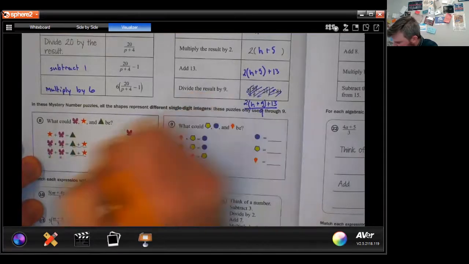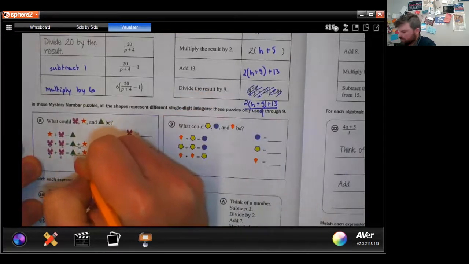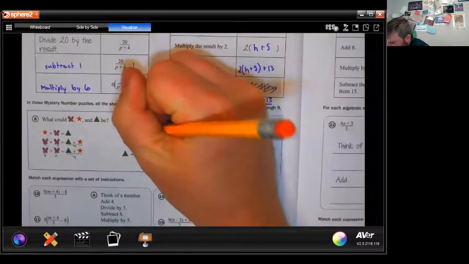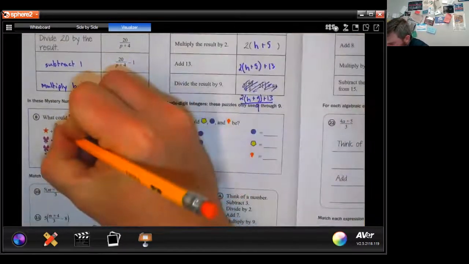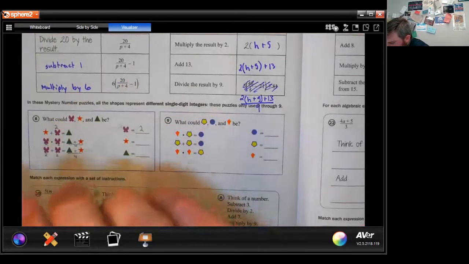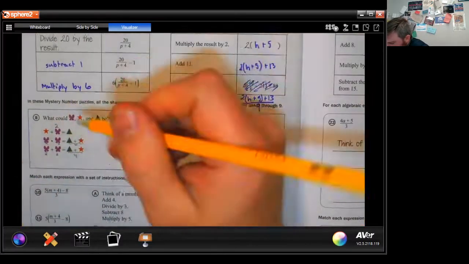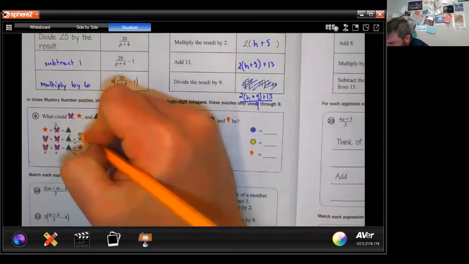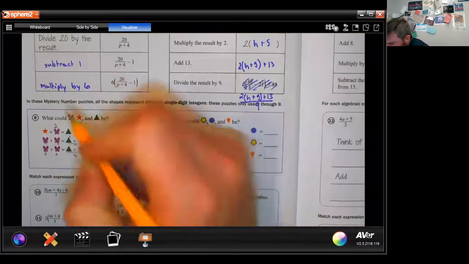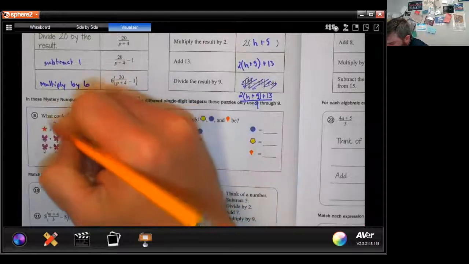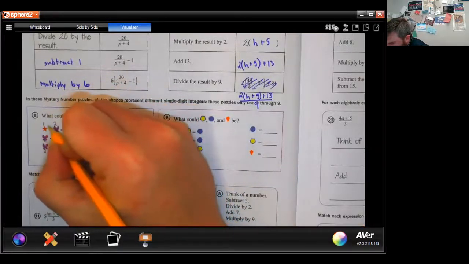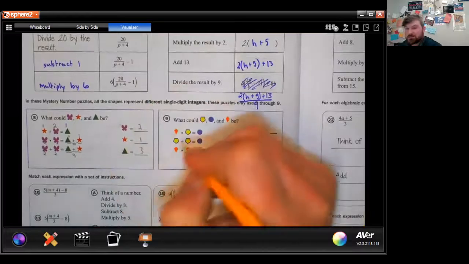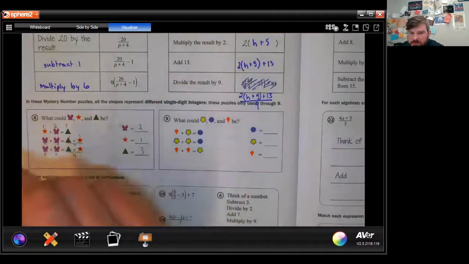So this whole thing must equal 4. So a triangle and a star must equal 4. This was 2. So if these two have to equal 4, I could have a 1 and a 3, or a 3 and a 1. So if a star here, I got 1 plus 2 would be 3, that would work. So it's all about just plugging in some numbers and seeing what works here.